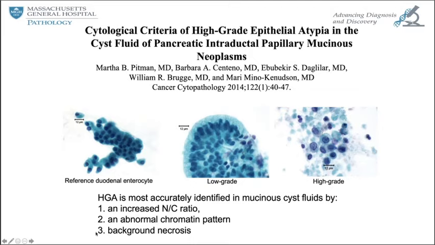So our three basic criteria: increased NC ratio, and the chromatin pattern becomes abnormal. It's not necessarily hyperchromatic, it can be hypochromatic as illustrated here. And then a background of necrosis is also another high-risk feature. It can't be a feature that distinguishes high-grade dysplasia from invasive carcinoma, though.